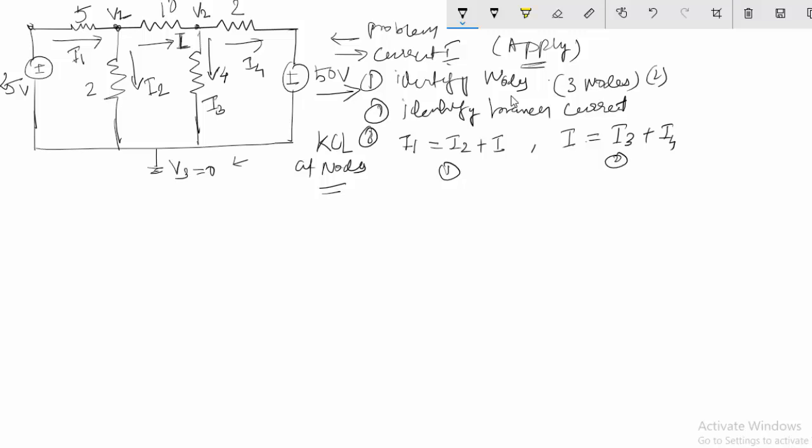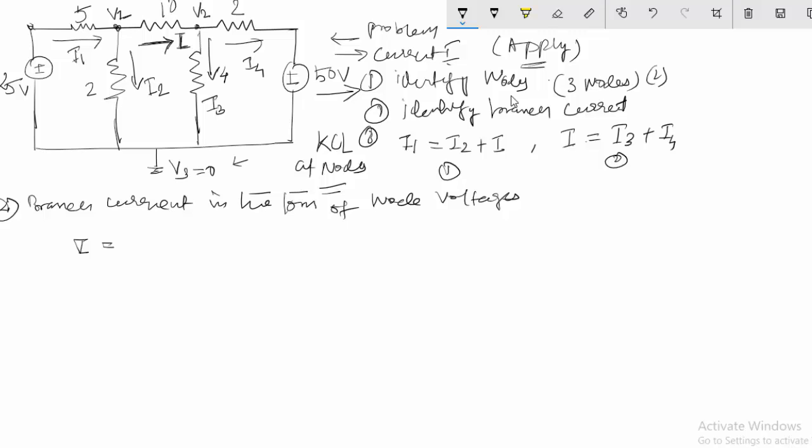And now step 4 is to write the branch currents in the form of node voltages. When I write the branch current in the form of node voltages, for I, which is the current I want to find, the question is to find the current I. For I, I will get the voltage difference between the two nodes.